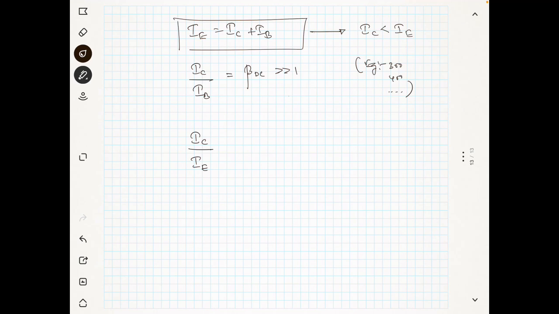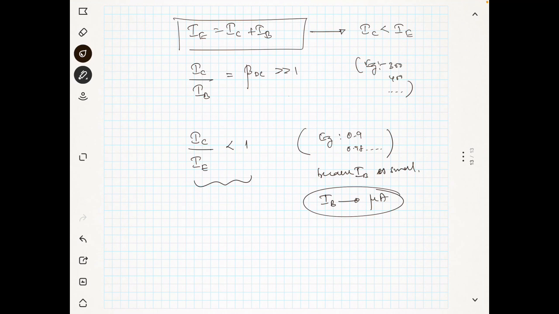So if you take this ratio, it will be less than 1, but very close to 1, like 0.9, 0.98, etc., because IB is small. The usual value of IB is of the order of microamperes. So I hope this relation is clear to you.